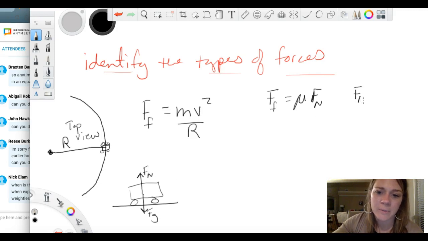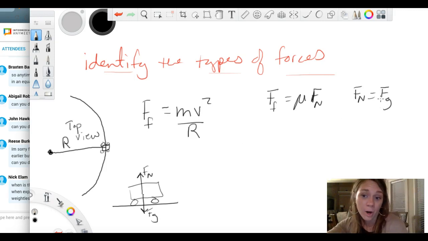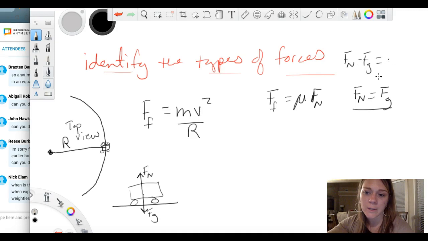So that is something that I would want to write down if it was an FRQ question. You want the reader to know that you understand that the gravitational force is equal to the normal force, or the sum of those forces equals 0. So you could also write Fn minus Fg equals 0. Either one of those will suffice.